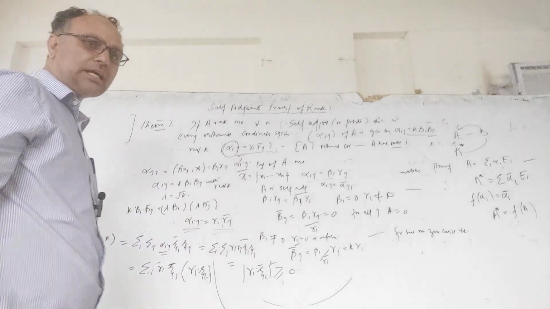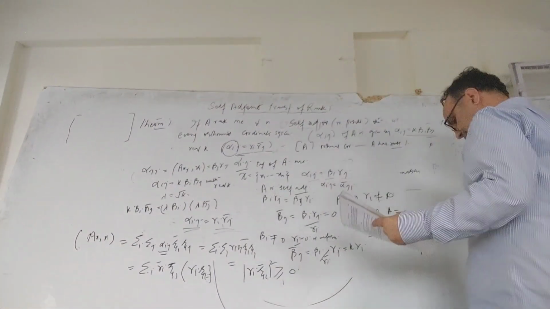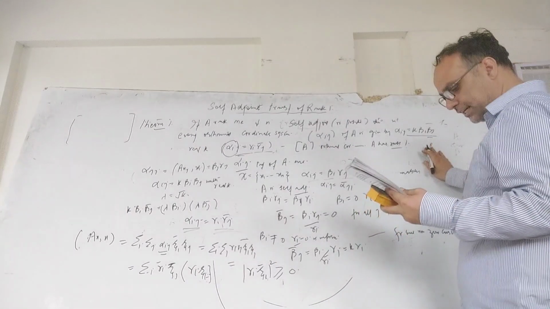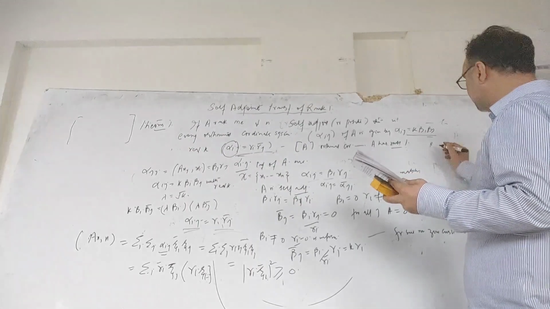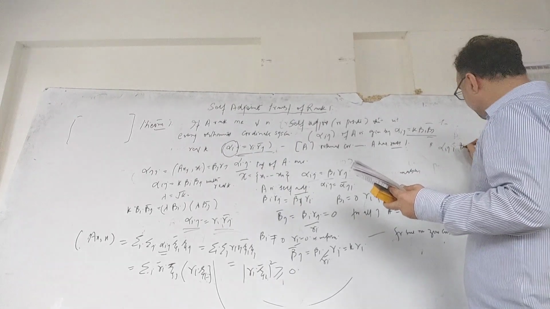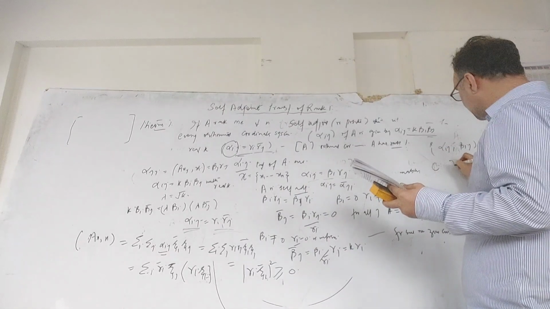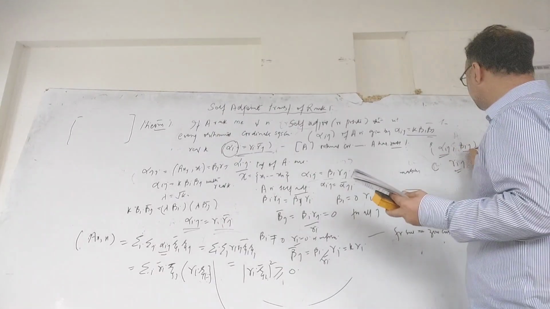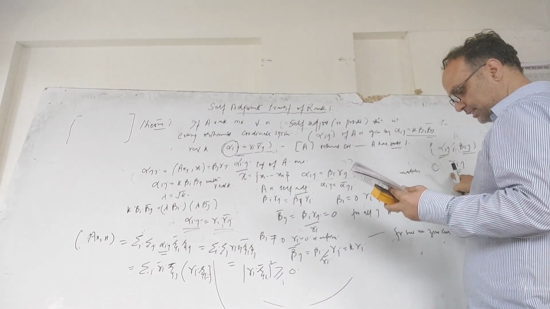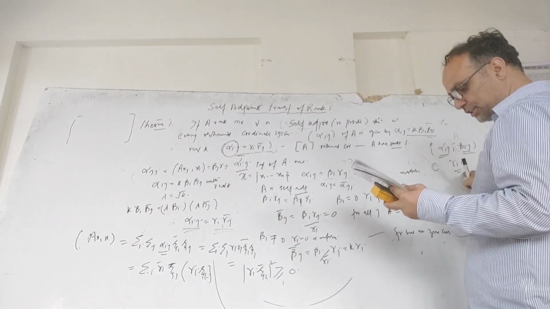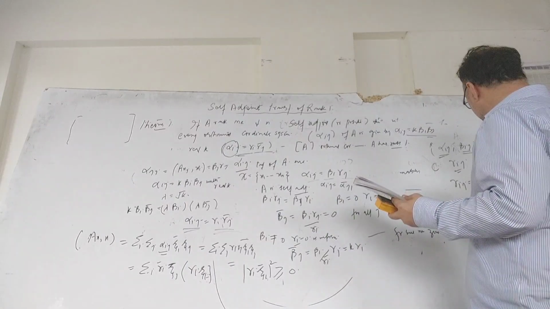The other theorem, which I'll only state and then we'll stop, is that if A and B are positive linear transformations whose matrices in some orthonormal coordinate system are alpha ij and beta ij respectively, then the linear transformation C whose matrix has elements gamma ij in the same coordinate system is also positive. So we have again defined matrices alpha ij and beta ij, and gamma ij can be written in terms of them, the way we did in the previous theorem.